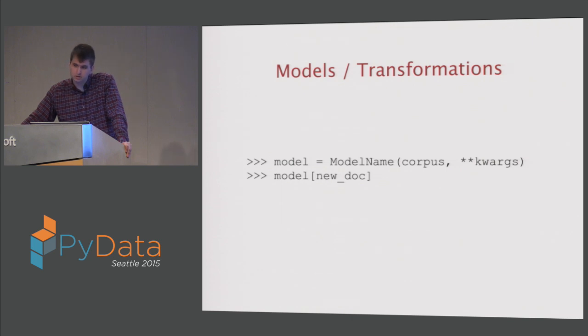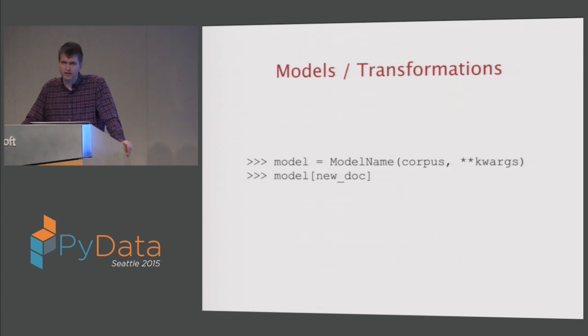Fundamentally, you need to pass it a corpus, and you'll pass it a set of kwargs which are model specific. If you're doing LDA, you might have the number of topics that you want to select a priori. For Word2Vec, you might choose the size of the vector representation that you want. But fundamentally, it all looks the same. You'll just have a couple of different letters up front.